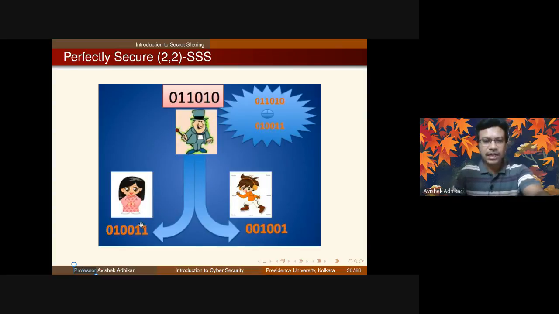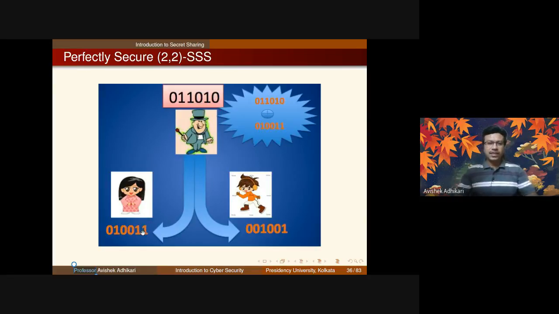Now you can understand that from a random string, you cannot get any extra information. For example, suppose the girl wants to get some information about the secret. Note that the girl already has this as a share. So she knows the last bit of the share is 1. Now she wants to guess what the last bit of the secret should be.